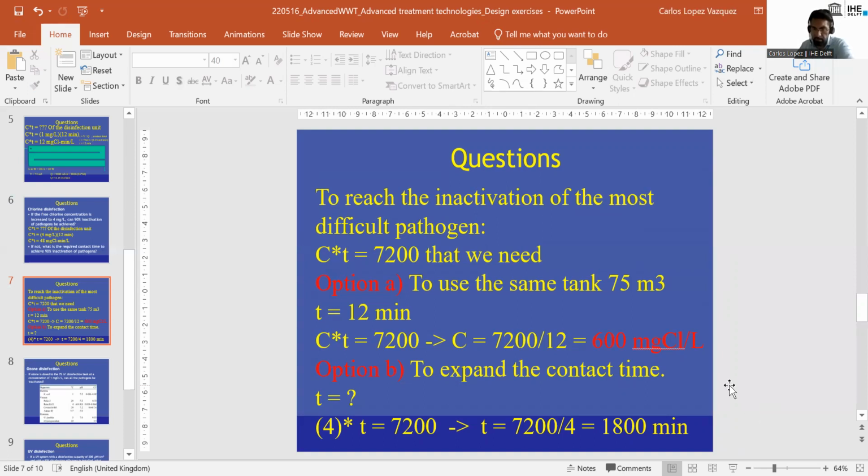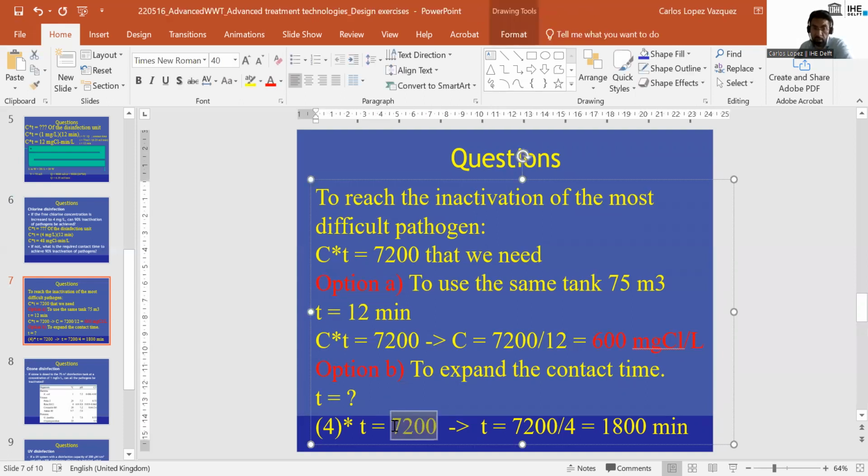The concentration is 4 milligrams per liter. The quantity of milligrams per liter is 48. Now it's 48 per liter.